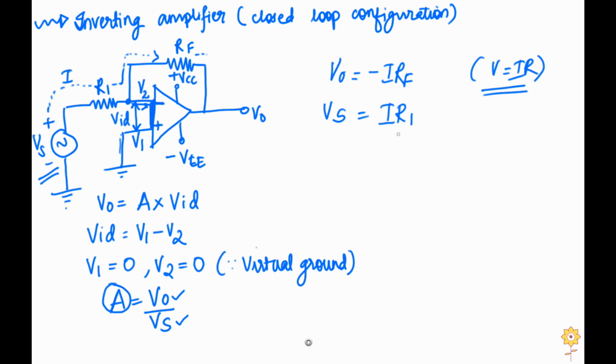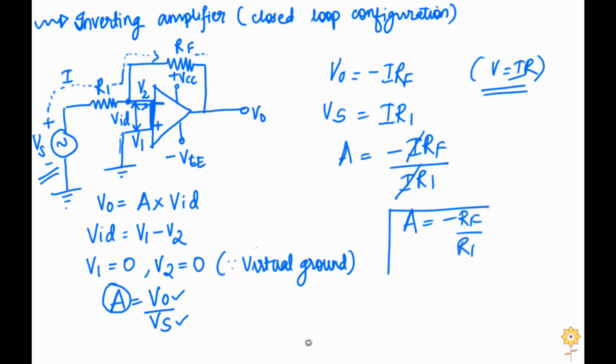Now we got both VO as well as Vs, so let us substitute these values and get A. A is equal to VO, which is minus I into RF, and Vs is I into R1. So I and I get cancelled out, and A is equal to minus RF upon R1 in case of an inverting amplifier. So this is the gain of the inverting amplifier.